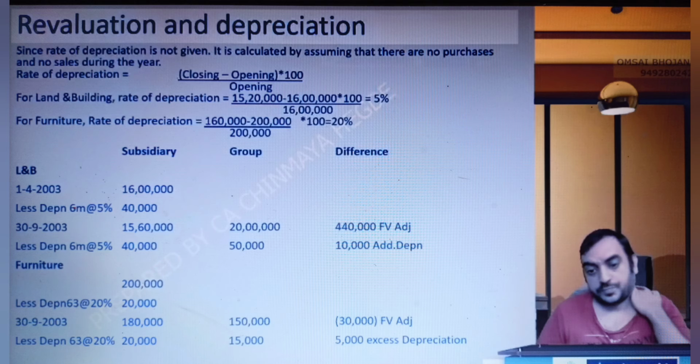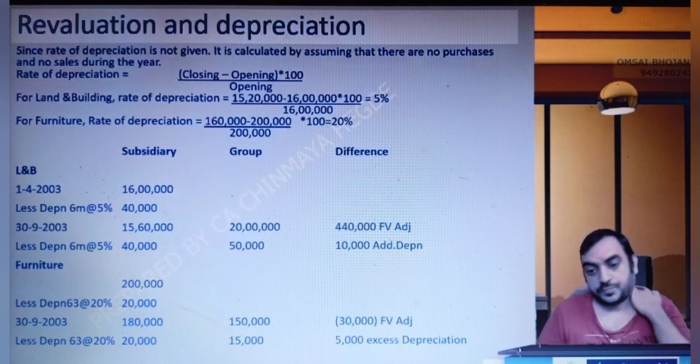Okay, look at how much is share capital. Share capital is 2 lakh. 2 lakh, divide 80%, 20%.